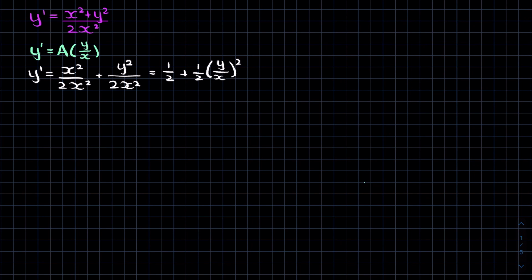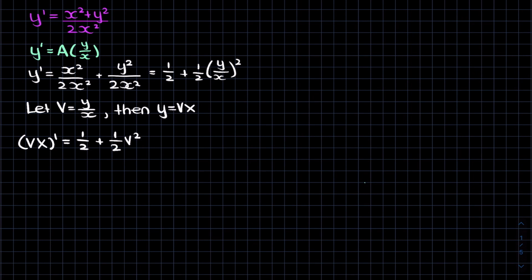So now we can say let v equal y over x, and then if that's true, then y equals vx. Now on the left-hand side, we have a y prime and y equals vx, so we're going to write the left-hand side as (vx) prime. And then the right-hand side of the equation will go to a half plus a half v squared.